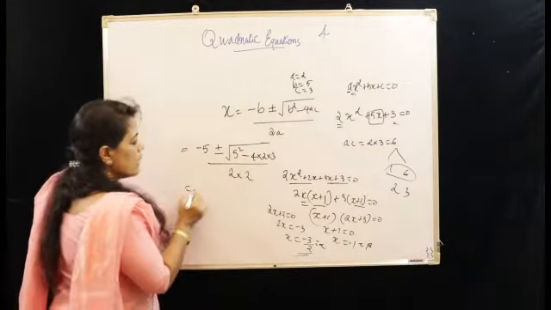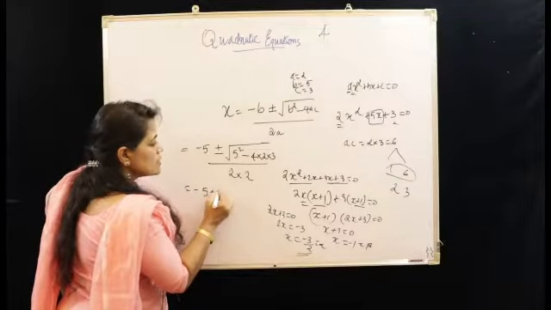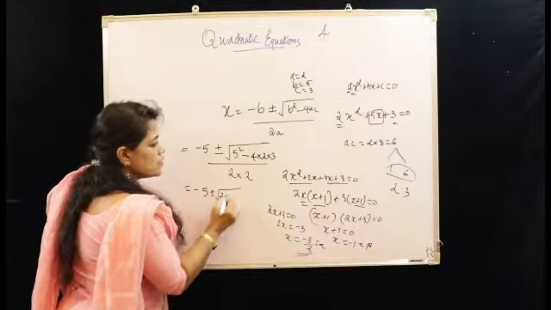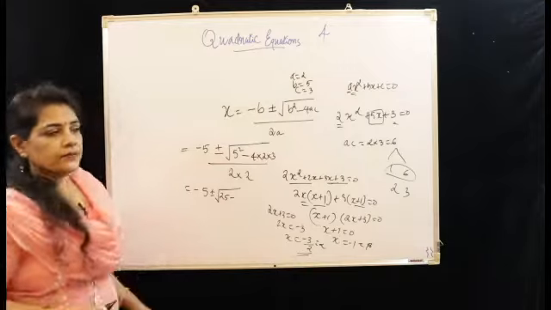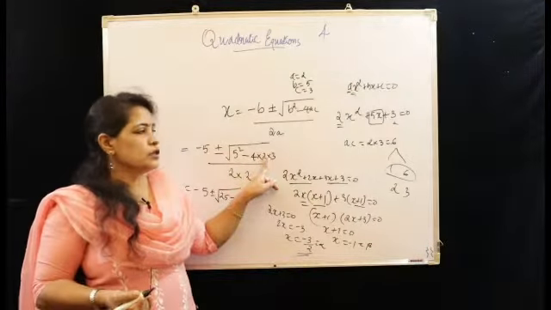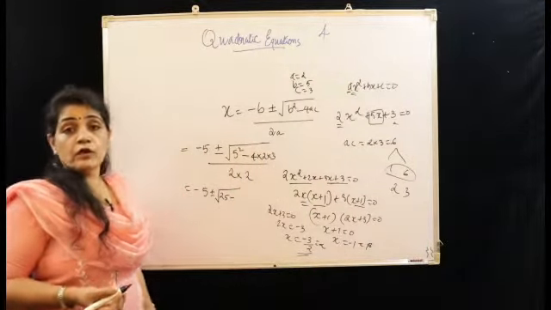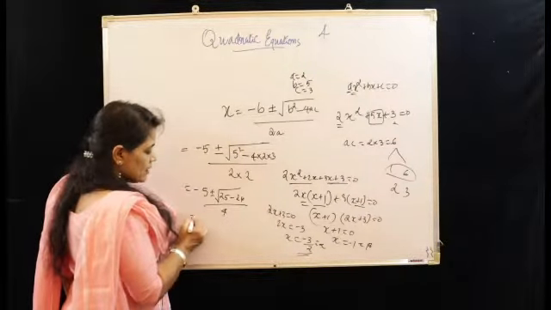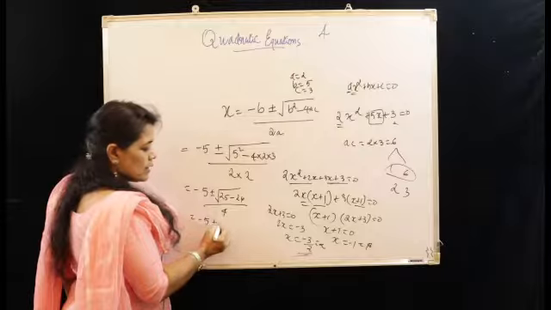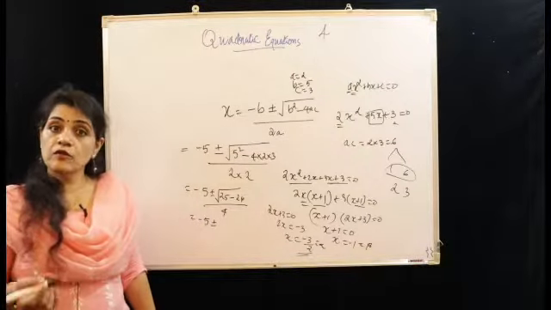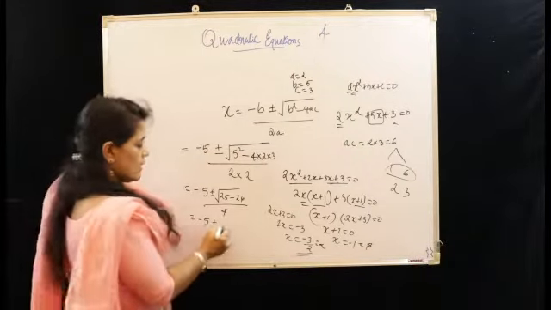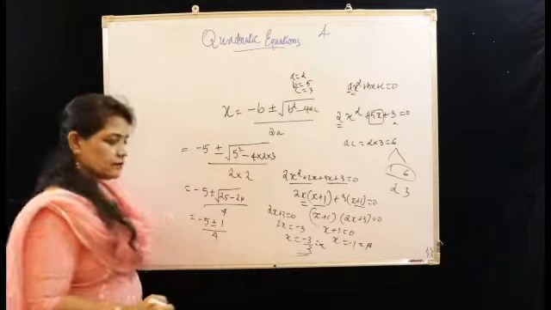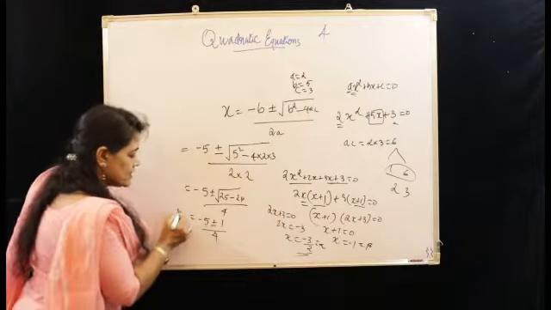So here minus 5 plus or minus the square root of 5 square, which is 25, minus 4 into 2 into 3, which is 6, so 4 into 6 is 24, divided by 4. Minus 5 plus or minus the square root of 25 minus 24, which is 1, root 1 is 1, divided by 4. So these are the values of x.